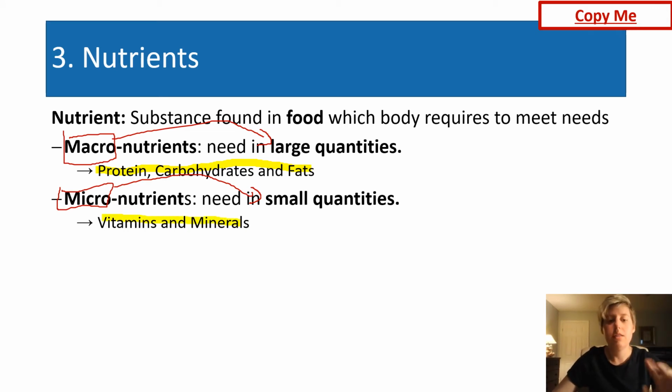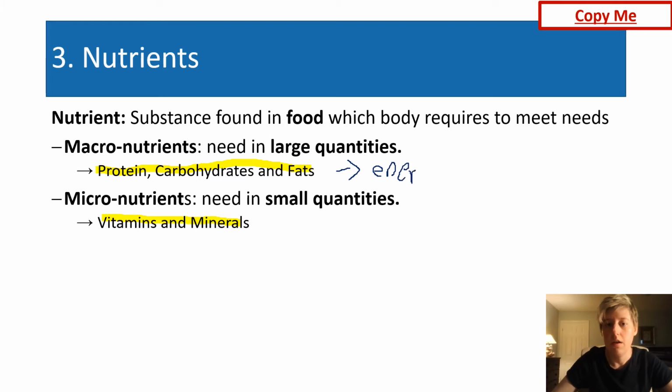Now, a key distinction that I want to make between our macronutrients and our micronutrients. Our macronutrients will basically produce a certain amount of energy in our body. So when you consume proteins, carbs, and fats, they are really key for energy production. While for micronutrients, your body doesn't use them for energy.